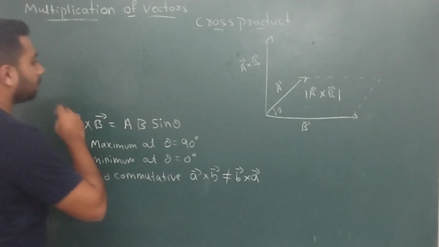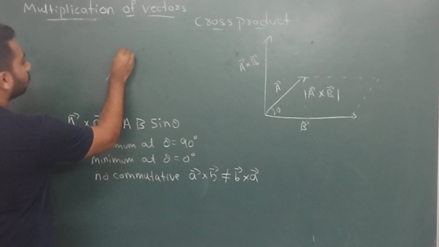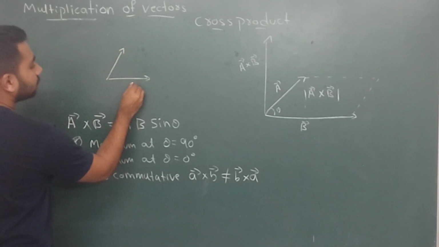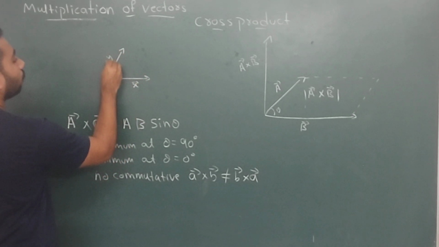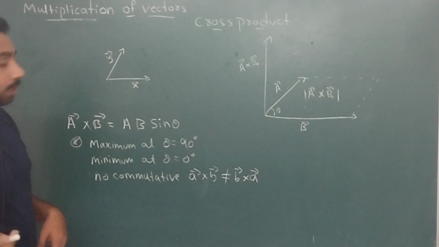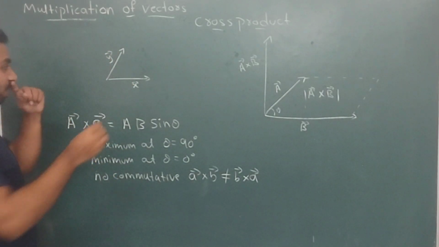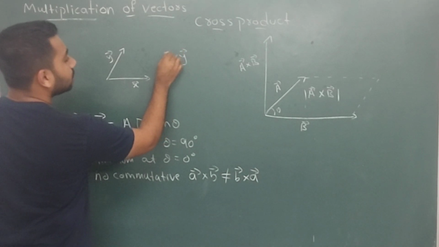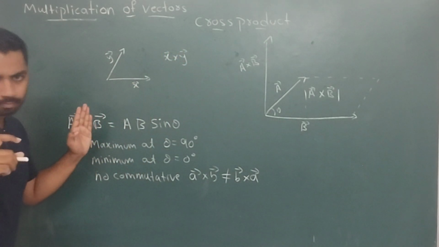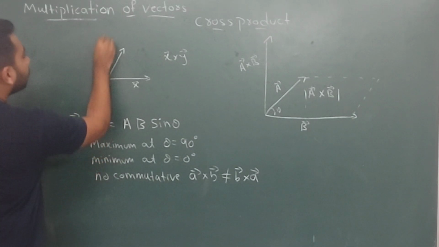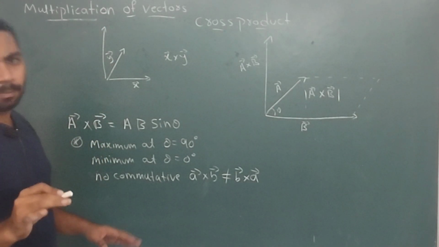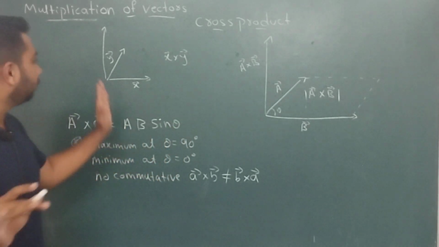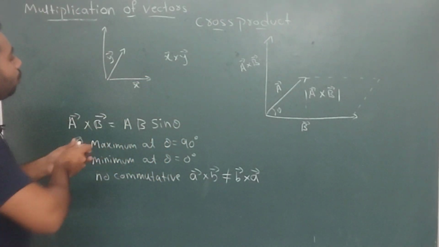See, if I take two vectors, let's say x and let's say y. For better understanding, if I do the cross product of x into y, I will get the z axis perpendicular. Fine, up to here everything is fine. We are getting perpendicular, going in this direction.